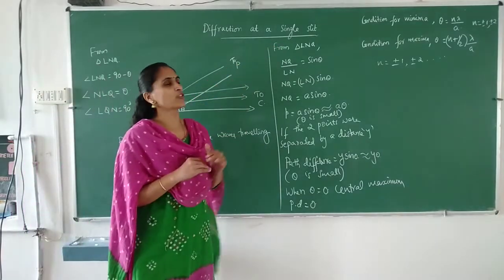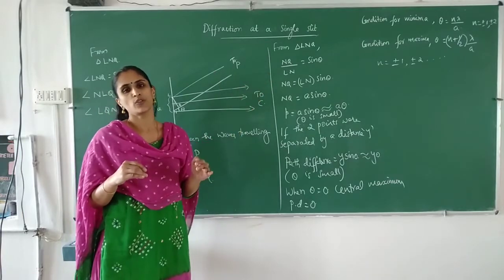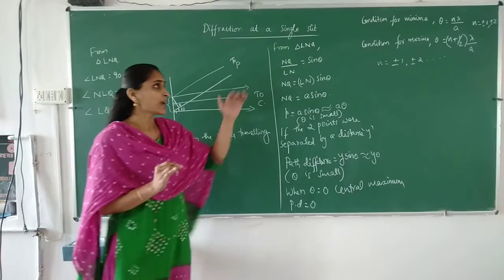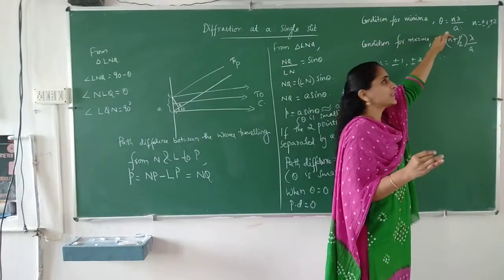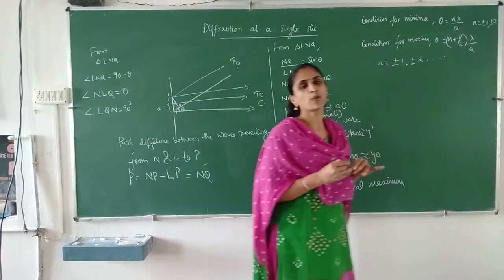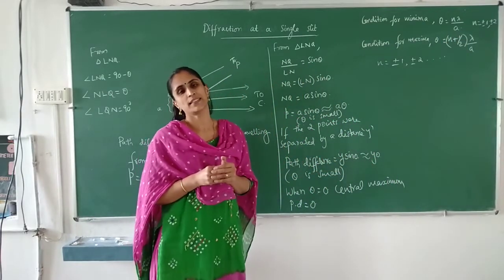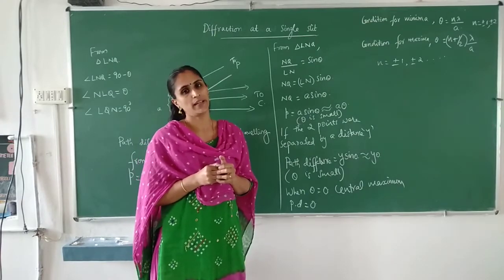Now the condition for minima you have to remember. Actually there is a proof for that also, but not for your level, so we are not going to discuss it. You have to remember these two expressions. The condition for minimum intensity is theta is equal to n lambda by a, and the condition for maximum intensity is theta is equal to (n plus half) lambda by a.